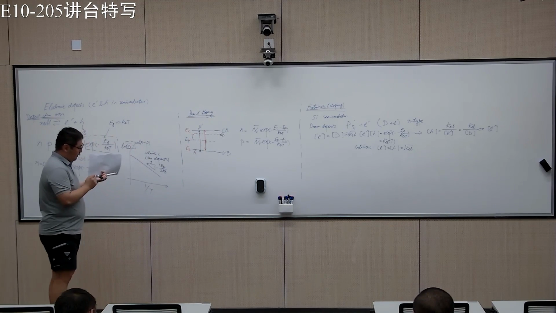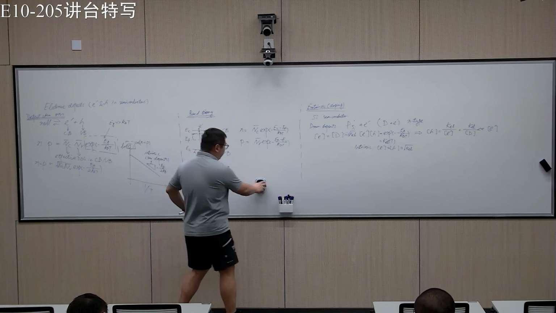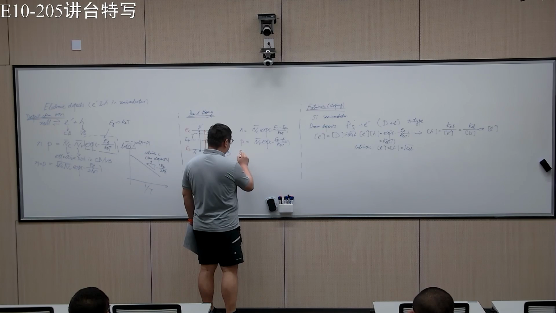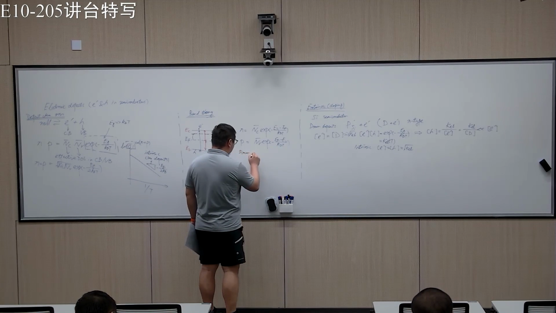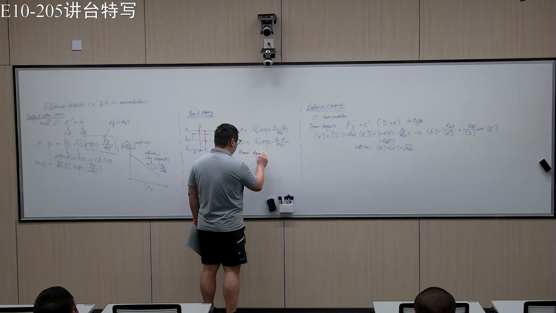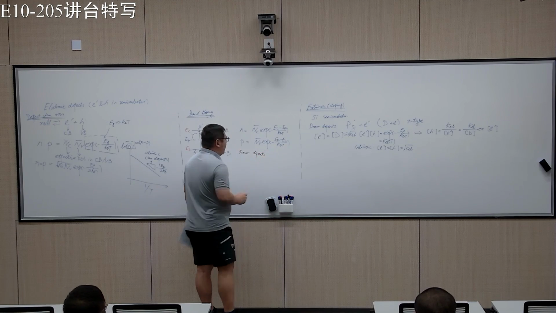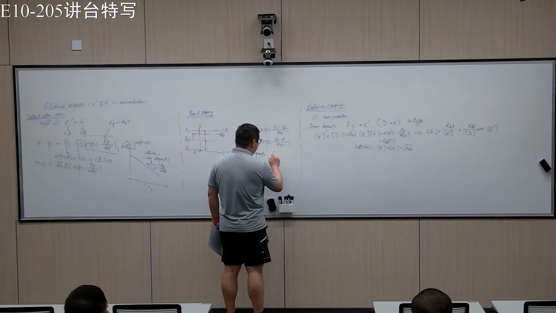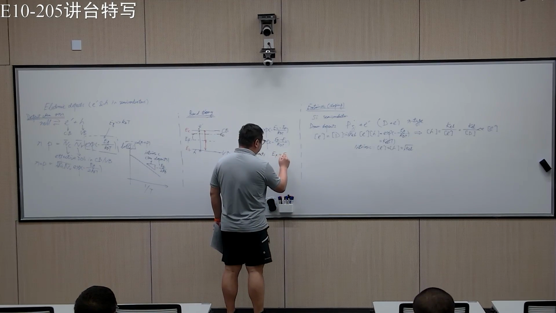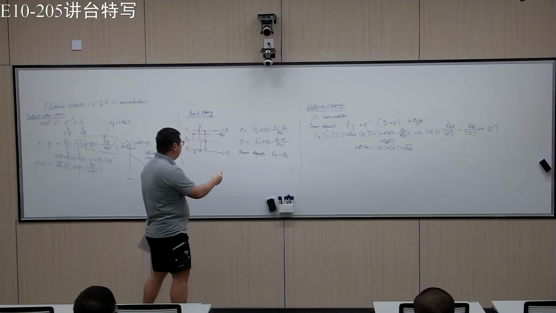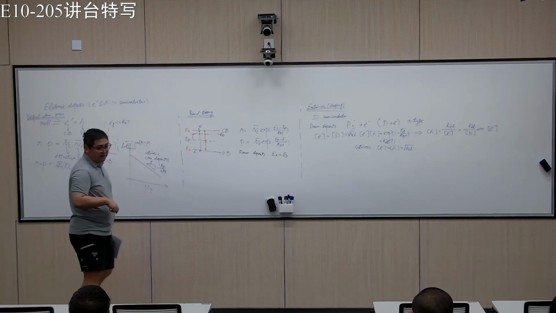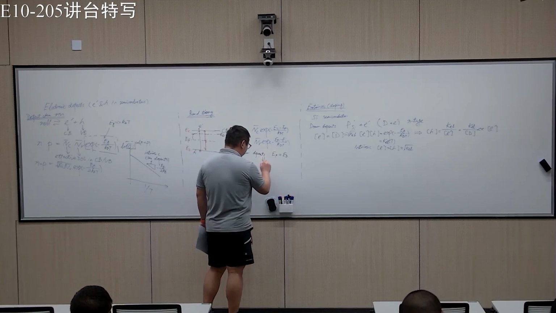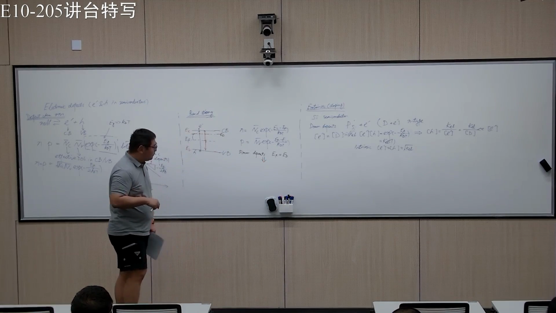So if I have a donor dopant, then we have EF at ED, basically moving very close to the conduction band. Let's see what it does to the electron and hole number.